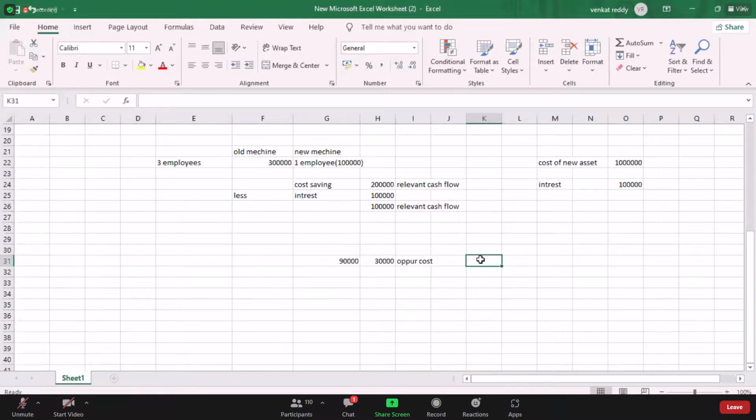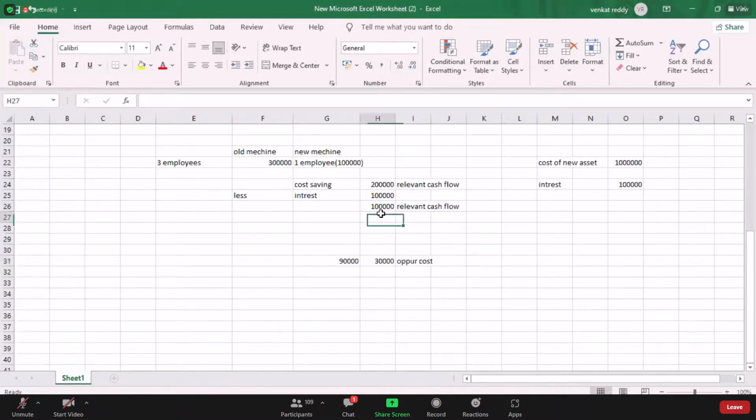Because if I would have considered 3 lakhs as my expense, I would have saved 90,000 towards the tax. But now when I replace the asset, I am claiming only 2 lakhs. It means 30,000 I am foregoing towards the tax saving. So this 30,000 I can consider as opportunity cost.